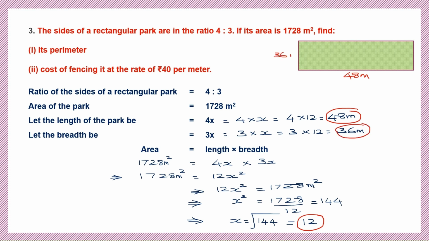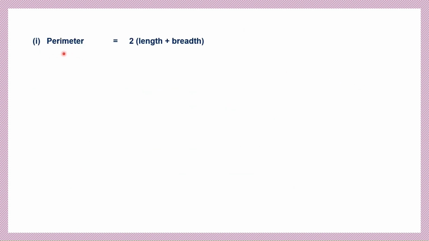So now we can find the perimeter by applying the formula. We can find the perimeter because we have the length and the breadth now. The formula to find perimeter is 2 into length plus breadth. So let's substitute the values now. Length is 48 meters, and breadth is 36 meters.